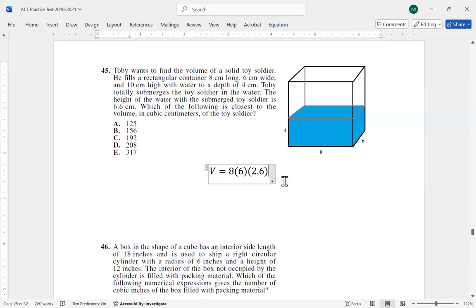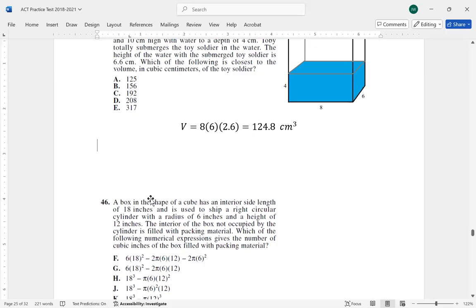And that volume, by the way, is 124.8, in cubic centimeters. The closest to that is A, which is 125. So the answer to 45 is A, 125.